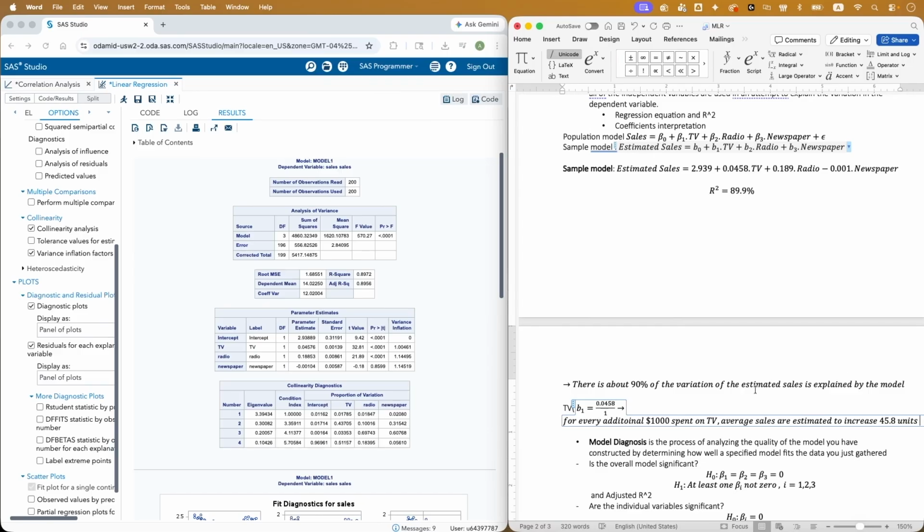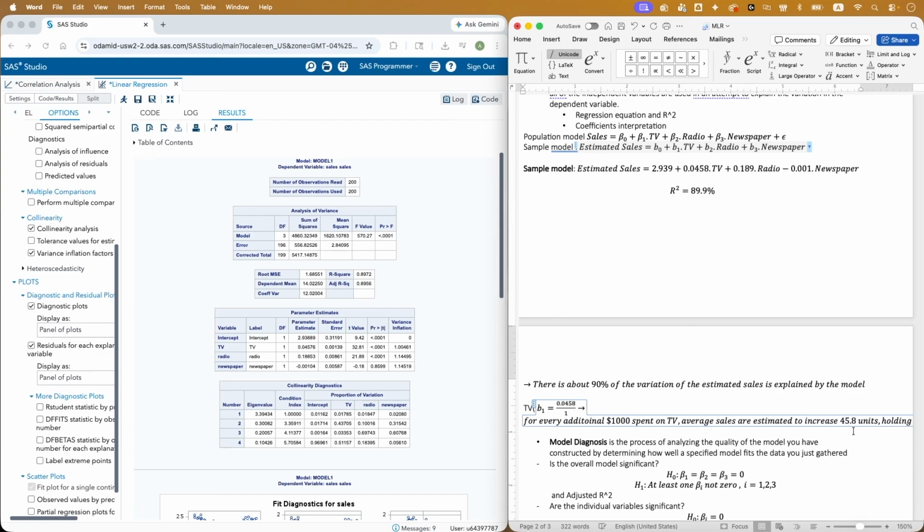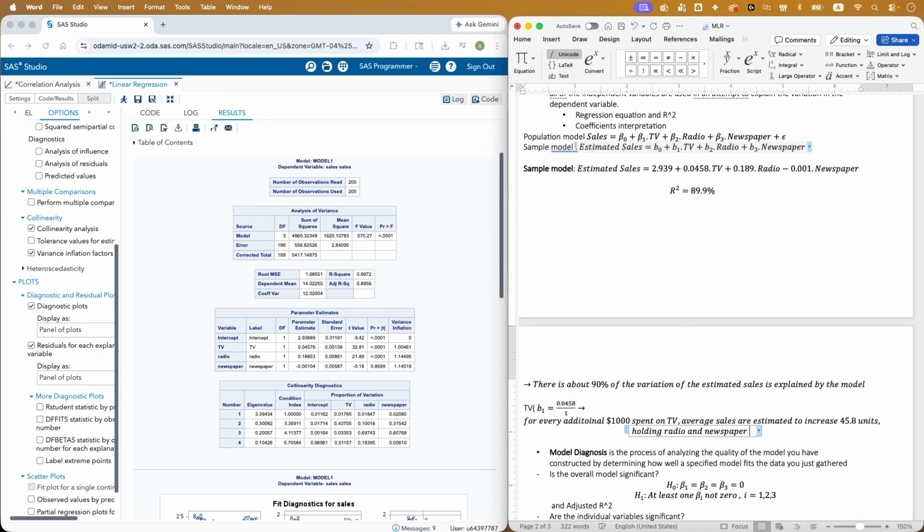This is what we call the partial effect, because we put all of these together in the model: TV, radio, newspaper. Translating this, we are holding the radio and the newspaper constant, freezing their effect.